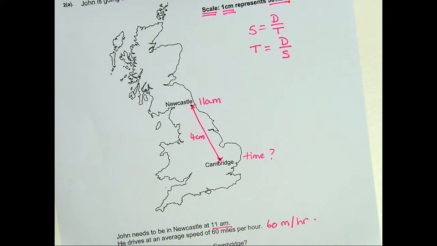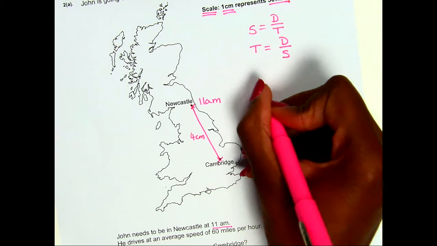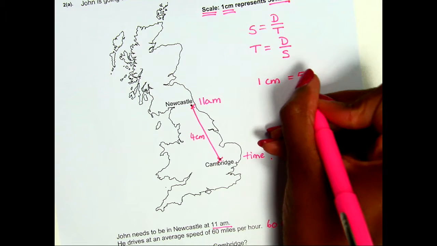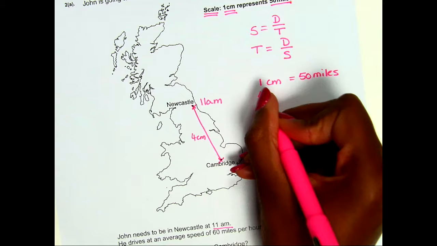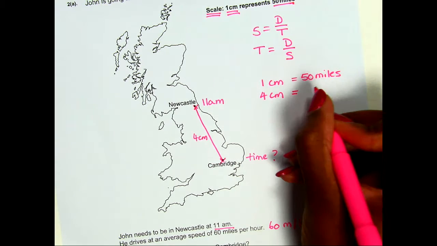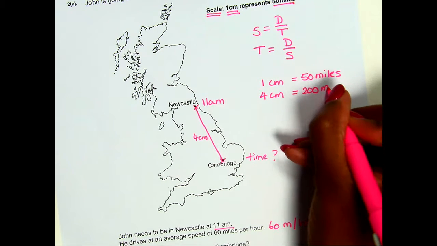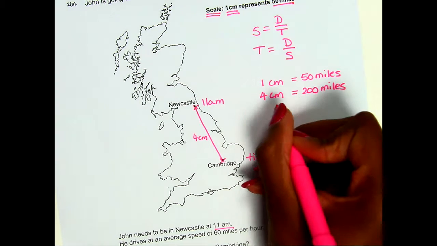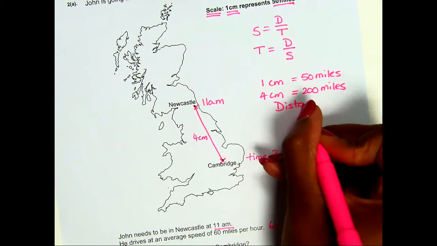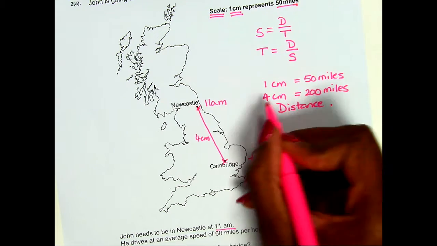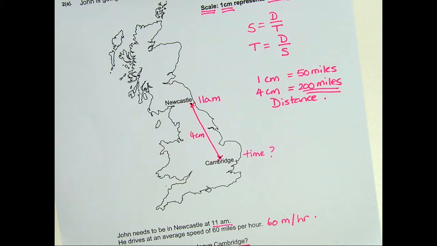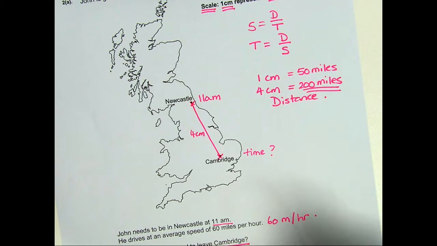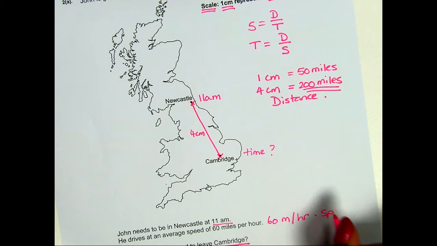Okay, which is great. Now, if 1 centimetre equals 50 miles, then 4 centimetres is going to equal 200 miles. And that is going to be our distance. Okay, and that's really important. Okay, now remember, we have the speed.